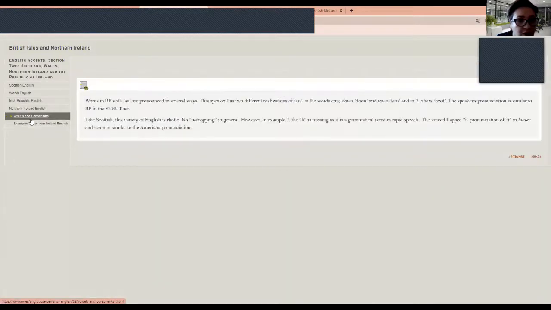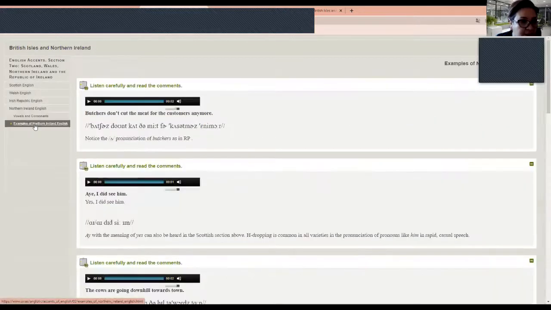So vowels and consonants also have differences between Standard English and Northern Ireland English. T-dropping is general, for example in butter and water, similar to American pronunciation. So now let us feel it.